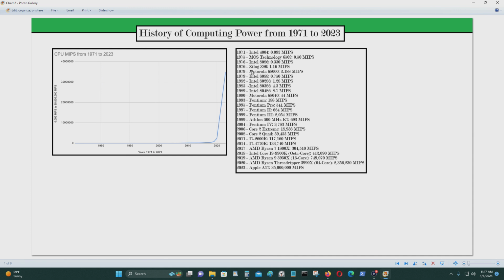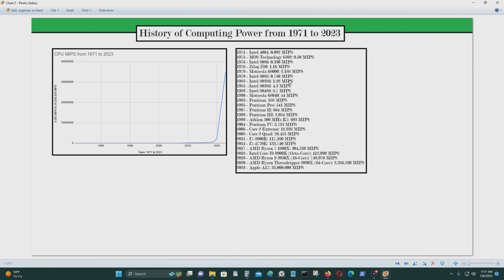This graph shows CPU MIPS from 1971 to 2023. MIPS basically means million instructions per second. This is how many instructions a CPU can execute in 1 second.